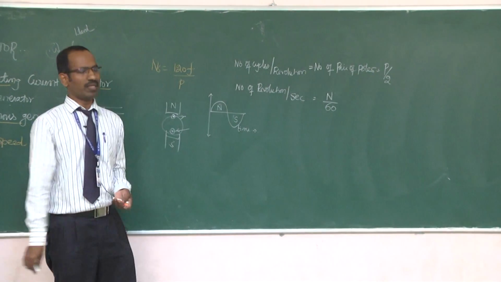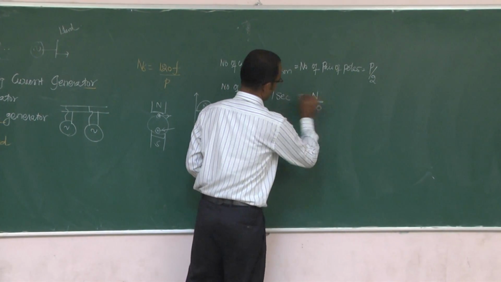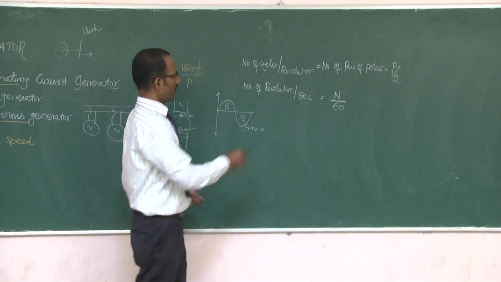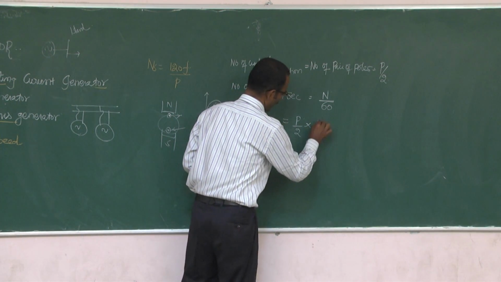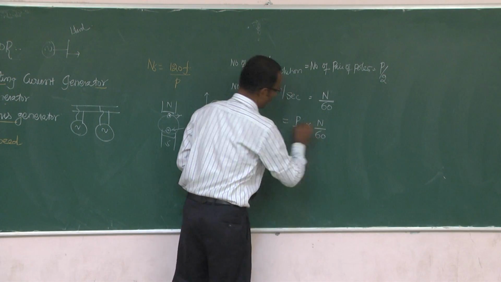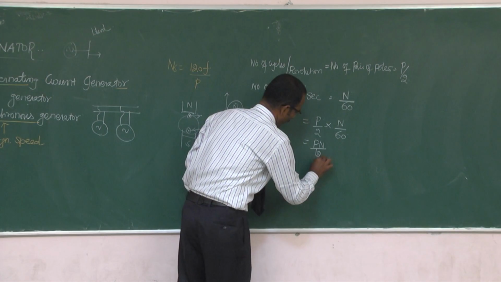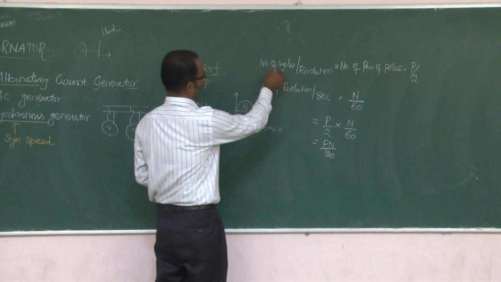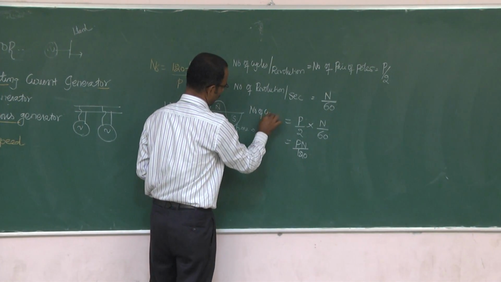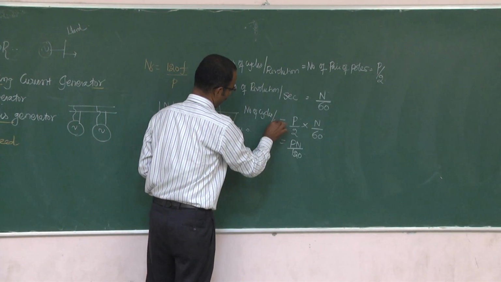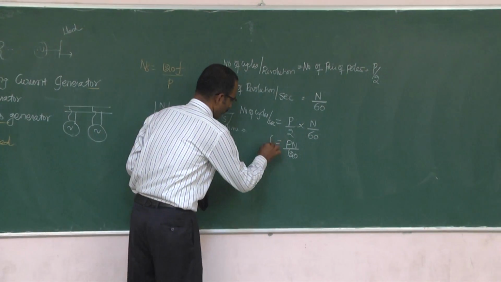N is the speed, which is measured in revolutions per minute, and 60 is the number of seconds per minute. If you multiply these two, P by 2 into N by 60, it gives PN by 120. This gives the number of cycles per second, which is nothing but the frequency, F.